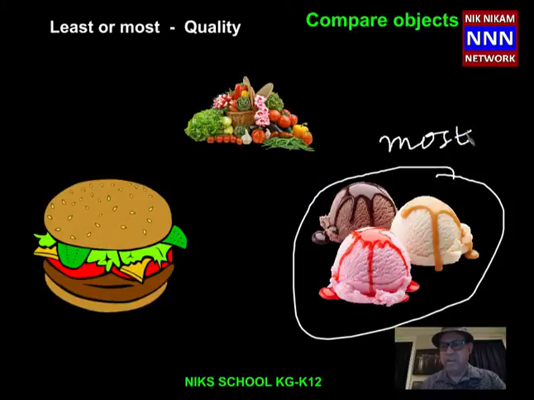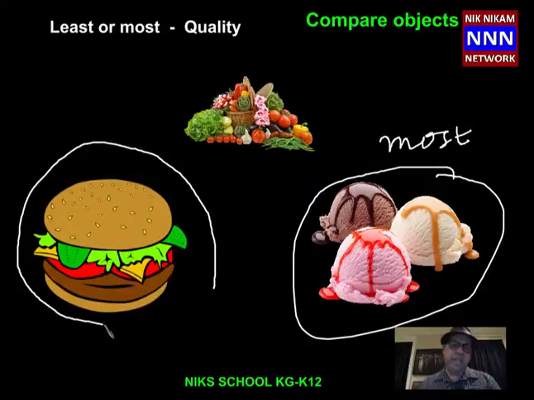All right. Now you are left with two choices. Which one do you like better? You like the vegetables or hamburger? Did you say hamburger? Okay, let's circle that. So you like the hamburger and ice cream. That means you least like the vegetables.